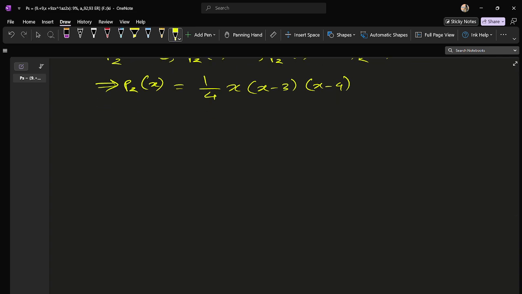Now we have to think about p3(x) also. I am doing these steps, and after doing p4, I can tell you about the things.